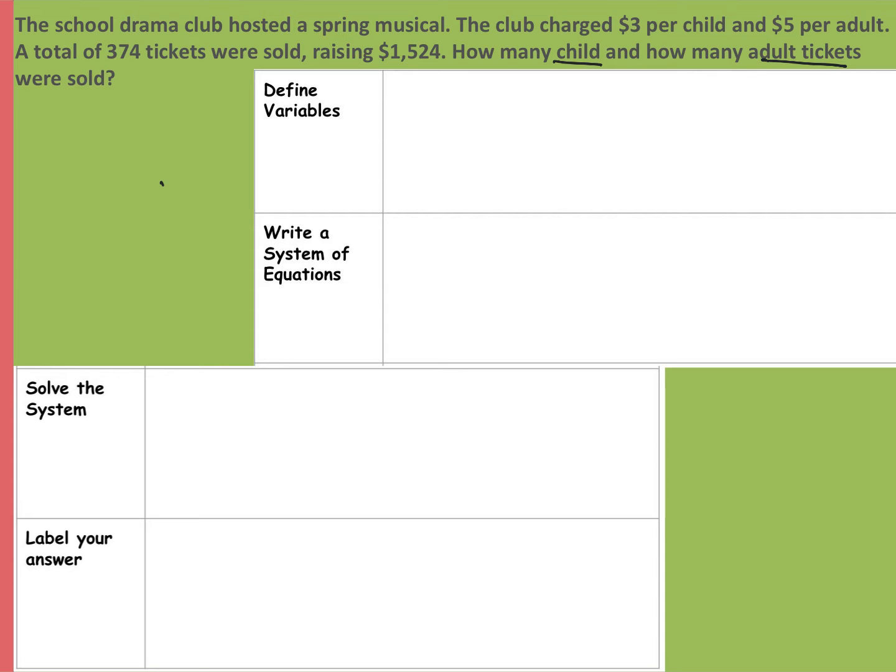I'm just going to use x and y, but you can definitely use C or A. But remember, if you're going to use graphing as your method, you have to use x and y for the Desmos calculator. So I'm going to label x as children's tickets, and y for adult tickets.